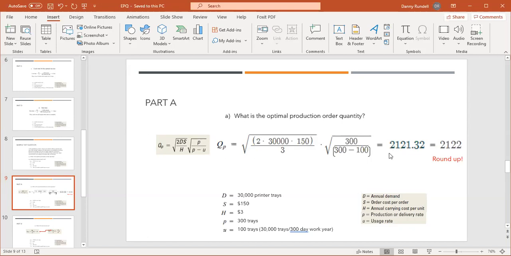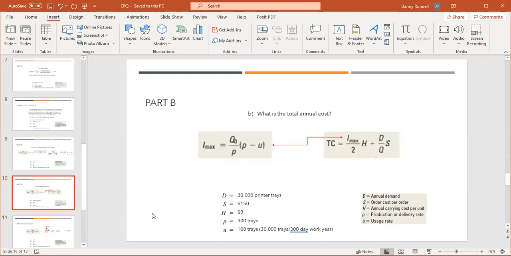Now, since this is a discrete number because it's units, that means you always round up. Even if it was 2,121.01, you'd round up to 2,122, because if you need 0.25 of a tray, then you need to make one extra. Okay, think of it like that.